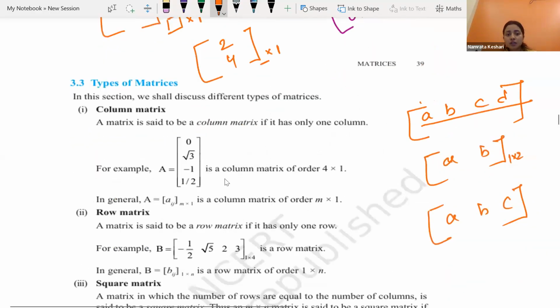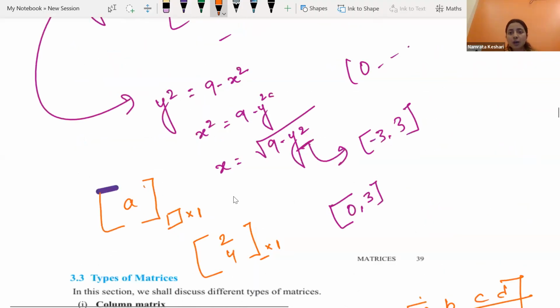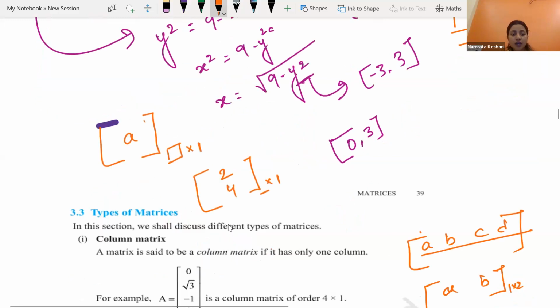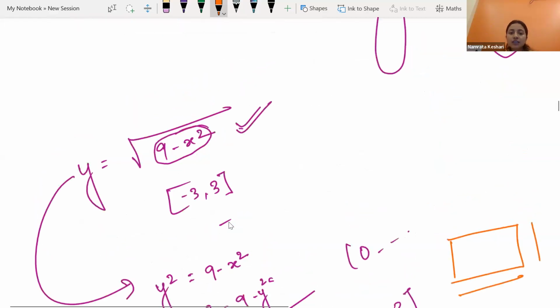Now square matrix. You have already heard this word square, this is not a new term to you. You know the shape square, where the length, breadth, everything is the same. Here also we will be having the same. Square matrix means the number of rows and number of columns are both the same. That's called a square matrix. You can understand that of course when the number of rows and number of columns are the same, then only it will take the shape of a square.